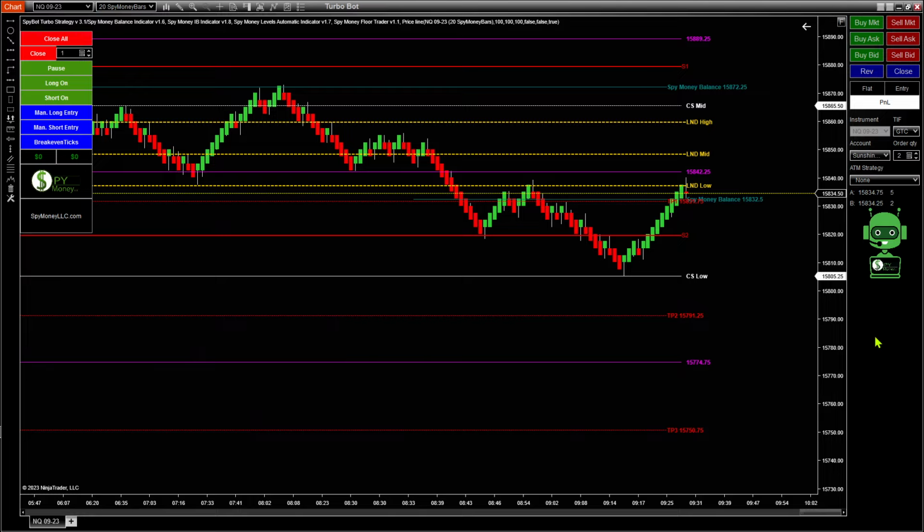Trading before the open is slow. It takes time. As soon as the open hits, then the market starts moving a lot quicker, usually. Not always, but usually.